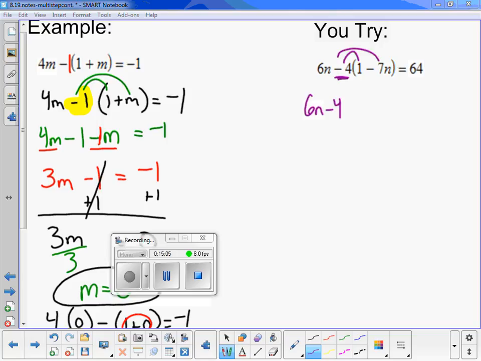Negative 4 times negative 7, notice you have two negatives, so we say positive 28n and equals 64. So negative 4 times 1 is negative 4. Negative 4 times negative 7 is positive 28. Now looking at the left-hand side, I have two n's that I need to put together. They're both positive, so 28 plus 6, we add those together.